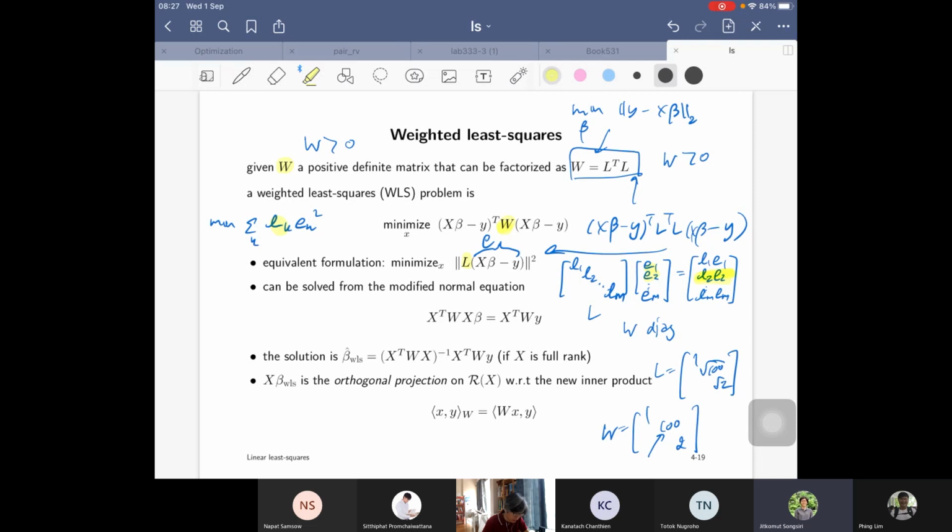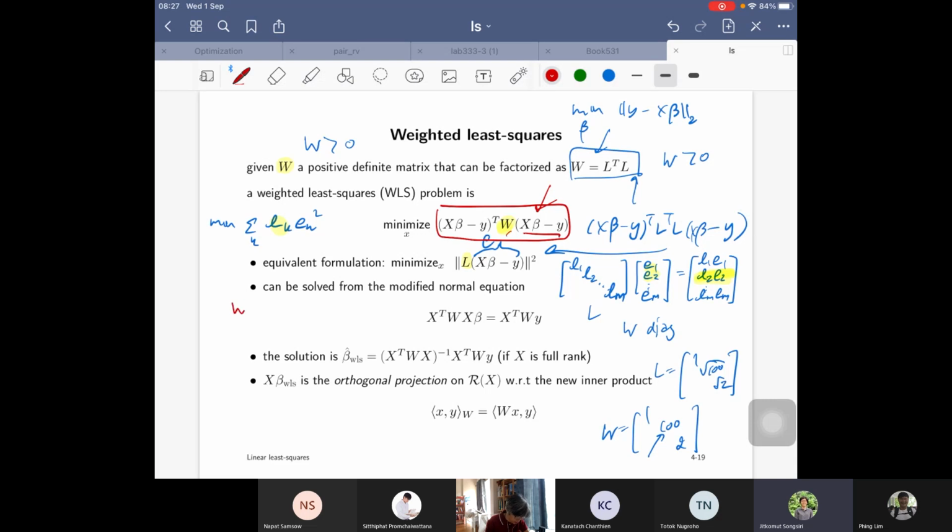For now, let's see how to solve weighted least square. When you take a look at this cost objective and take the gradient with respect to beta, this is a quadratic function composed with an affine function.